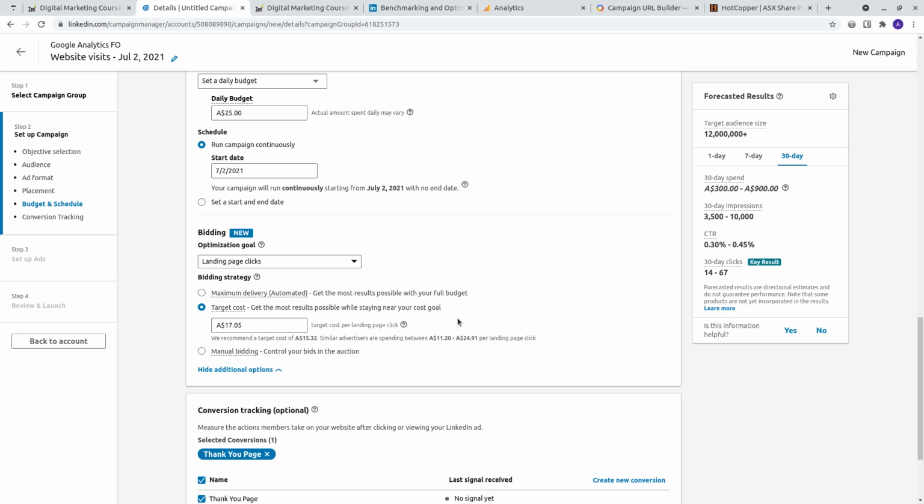So even if, let's say, Google Analytics might track 10, LinkedIn will end up tracking only 5 conversions over that period of time. So just be really careful about your strategy in terms of bidding.